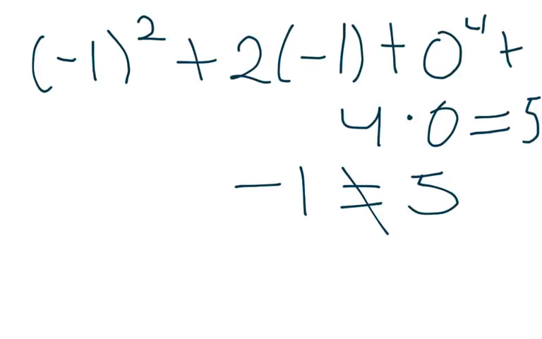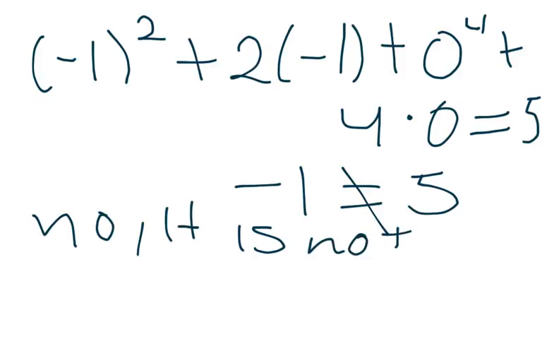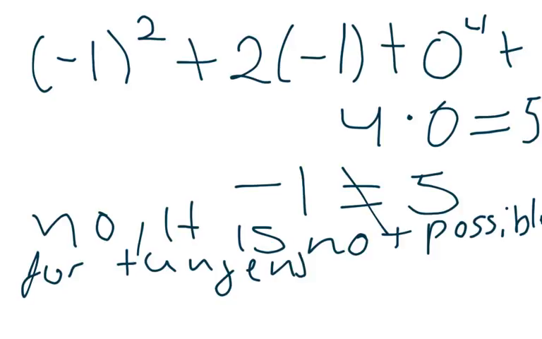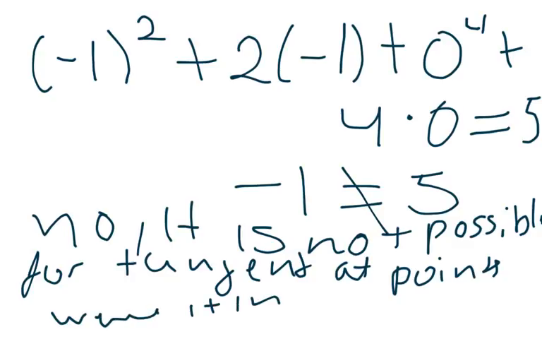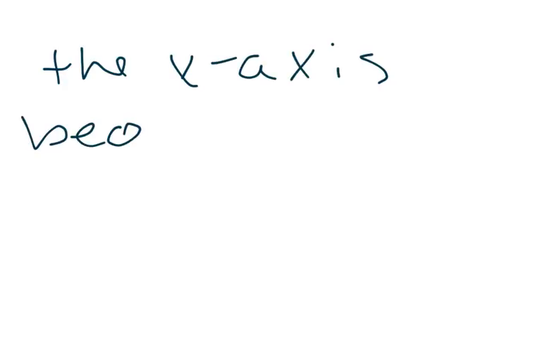So it is not possible for the curve to have a horizontal tangent at a point where it intersects the x-axis, because negative 1 cannot equal 5.